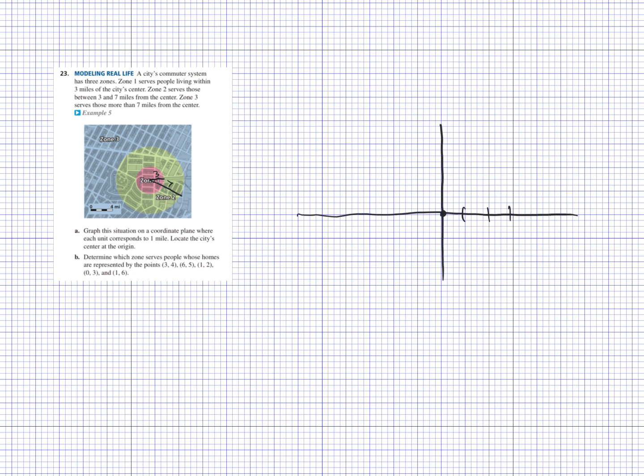Now let's count 3 for everything here, and we can draw this. So what we have is this nice circle. That's zone 1.